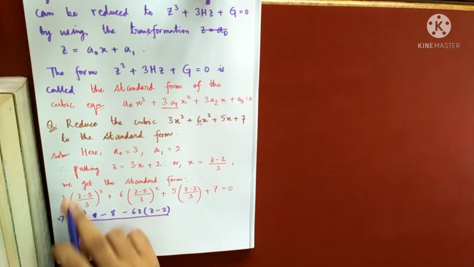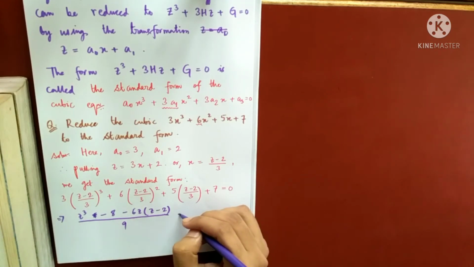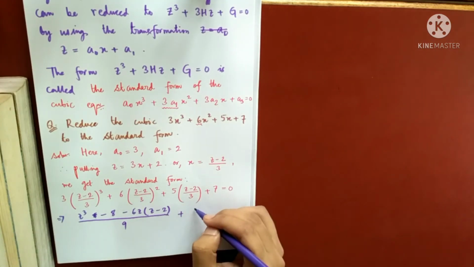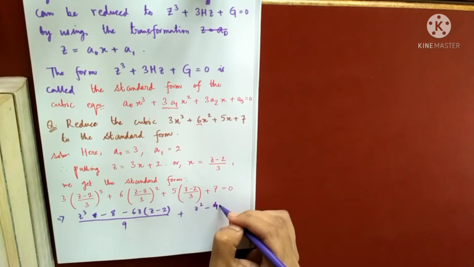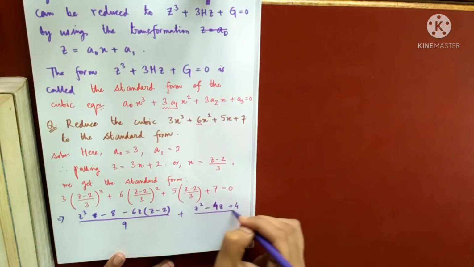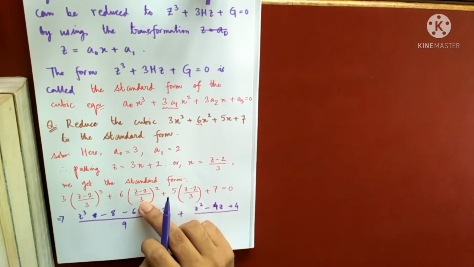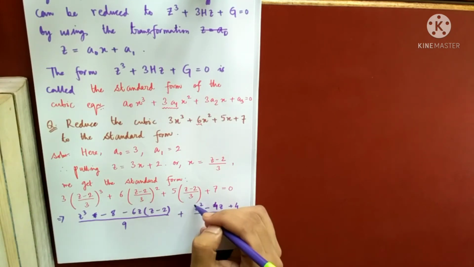So this 3 will get cancelled with 27, and here I'll be remaining with 9. Here a minus b whole square, a square minus 2ab plus b square, divided by 9. So 6 by 9, if it gets cancelled, here I will remain with 3, no? And here I will remain with 2.